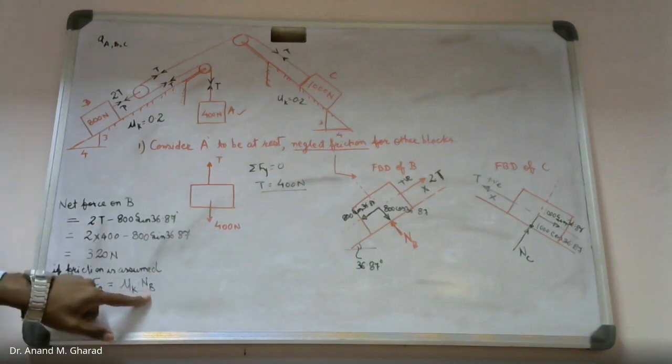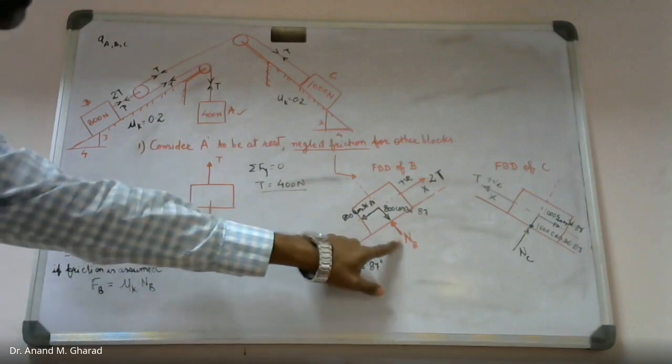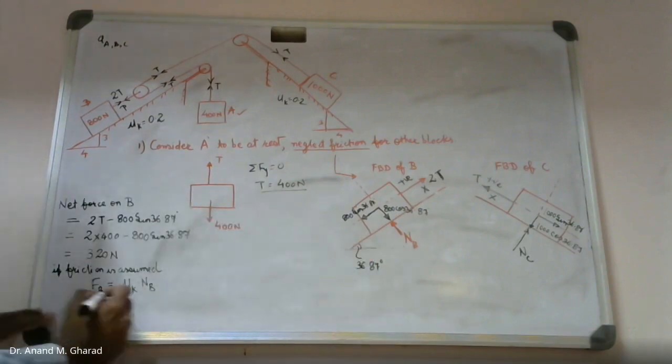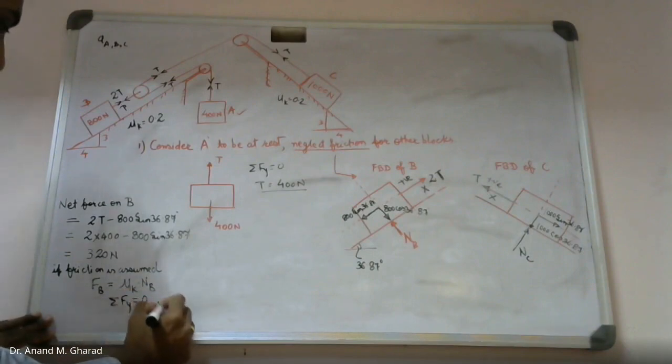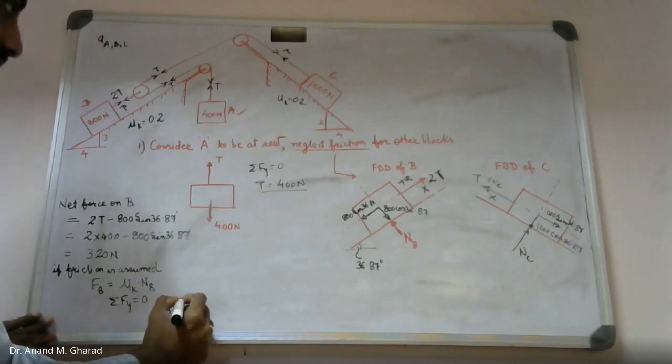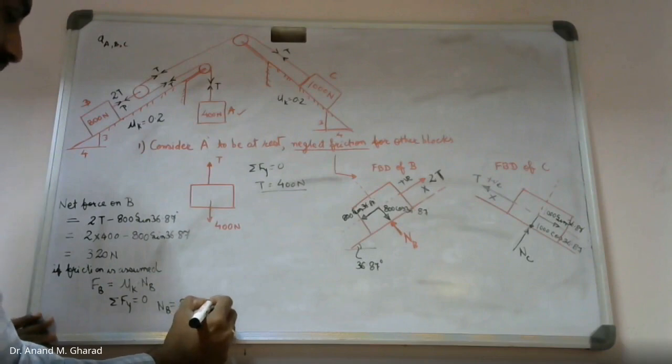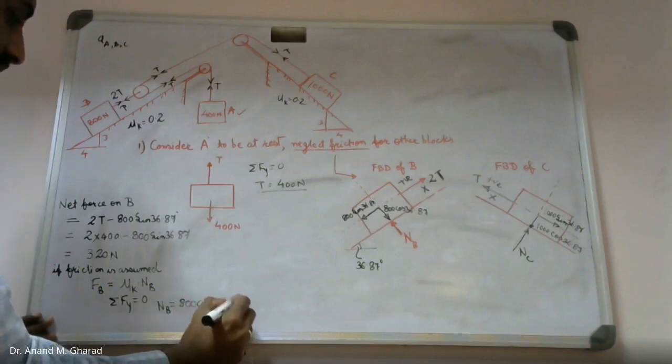In order to calculate NB, apply summation of forces in y direction equal to 0. Therefore, NB will be equal to, as from the figure, it is very clear, 800 cos of 36.87.